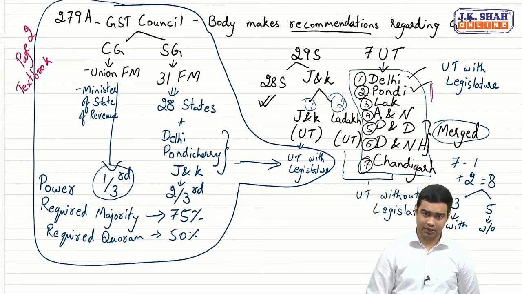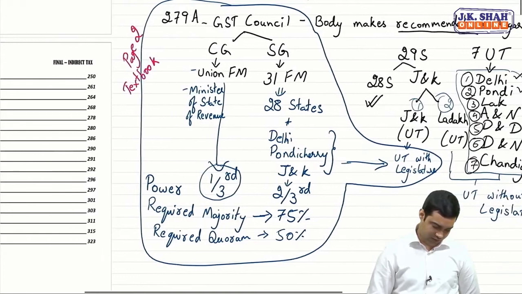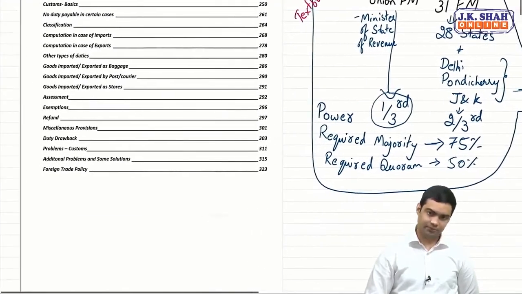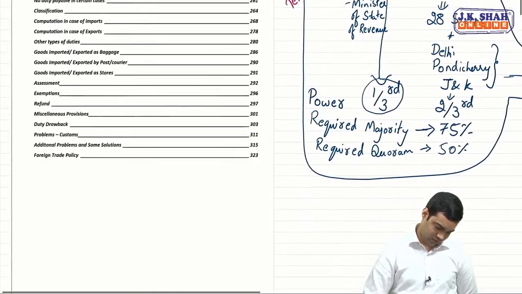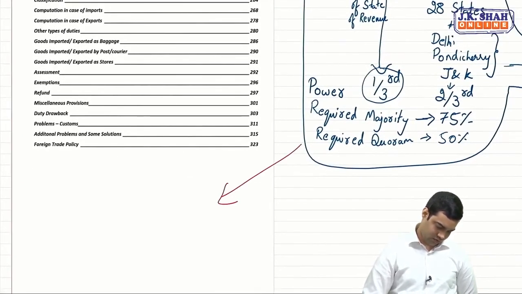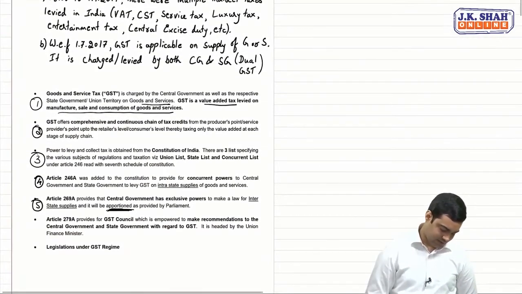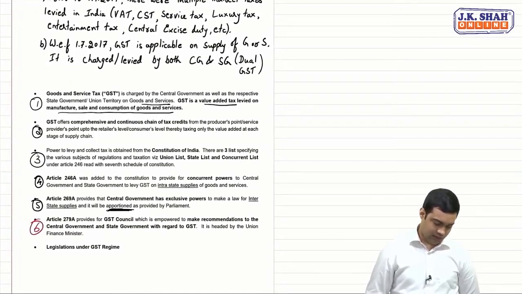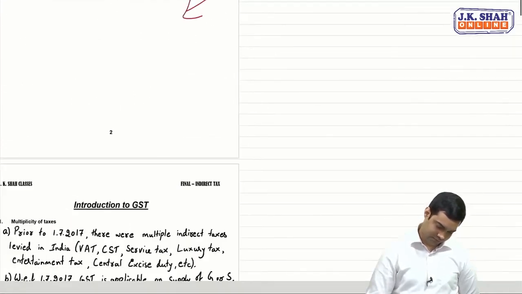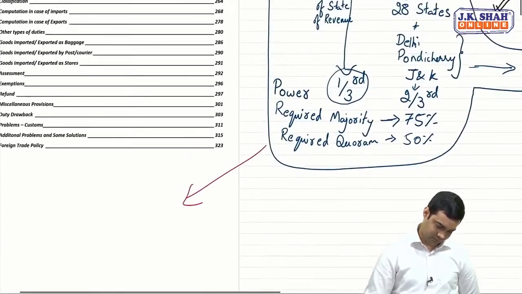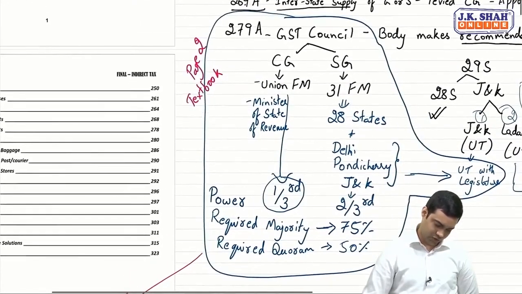This entire amoeba part you can write, and this 7 union territories part we will take up in some time, but I would just want you to write this. And with this, this will come here on page 2. This will come here, and thereafter you can read about Article 279A GST Council. So this is the part which you are going to write.